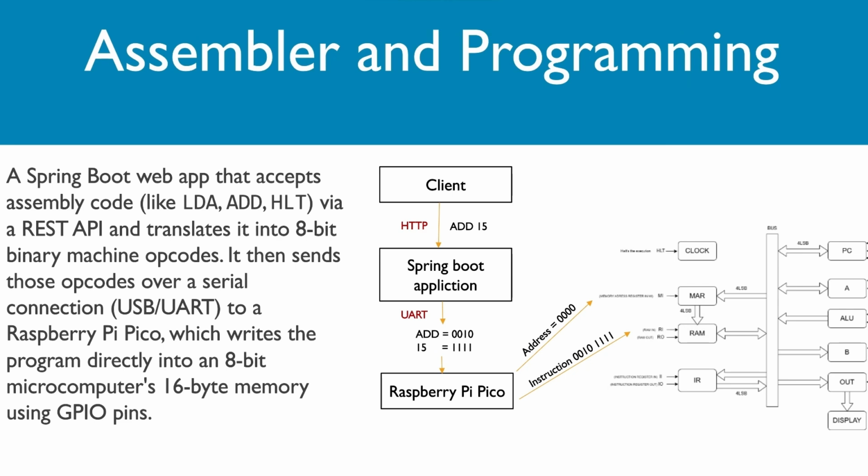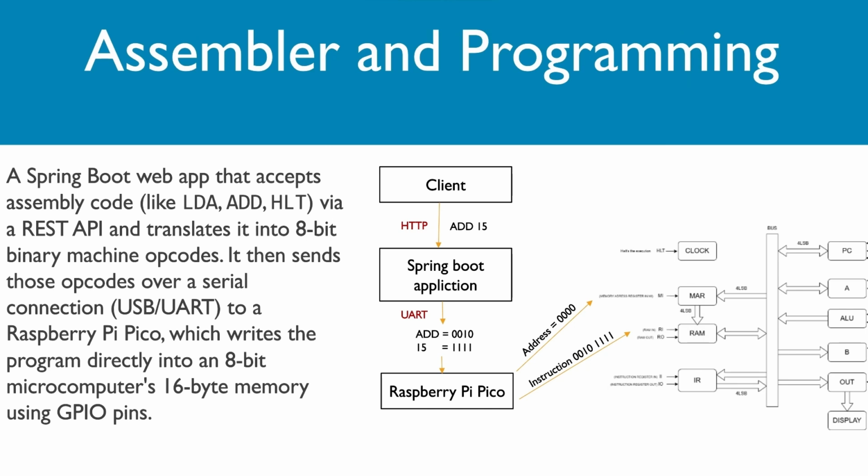What the Spring Boot application does is receive the instruction in assembly, for example add 15, and for add, it will give its respective opcode, which is in binary, and for 15, it will just convert it into the binary format. And through UART protocol, it will go to the Raspberry Pi Pico, which we have installed.